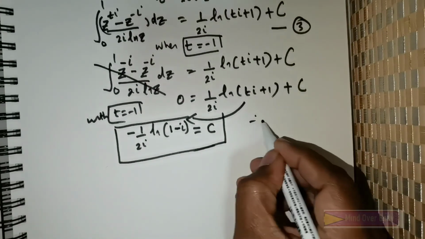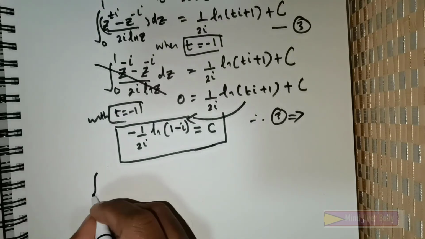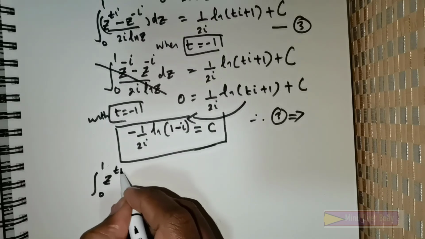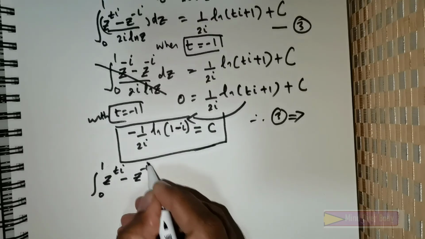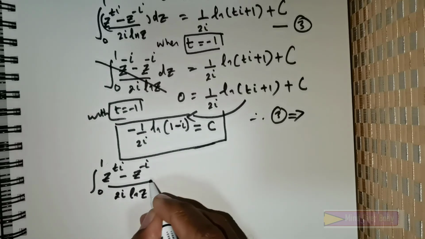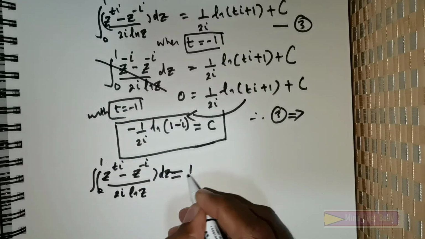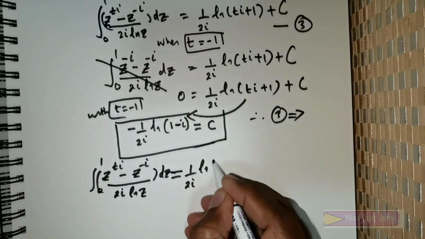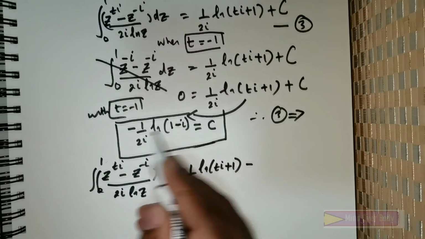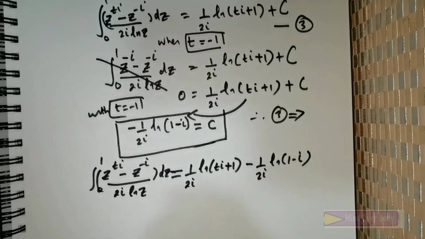So 3 would be rewritten as, of course on the left, the integral from 0 to 1 of (z raised to the power ti minus z raised to the power negative i) divided by 2i ln z times dz is equal to 1 over 2i ln of (ti + 1), minus 1 over 2i ln of (1 minus i). Okay.